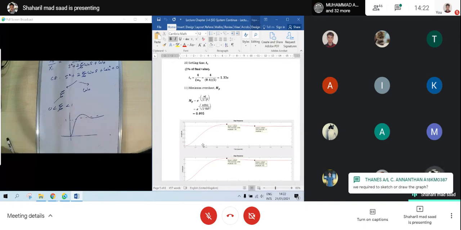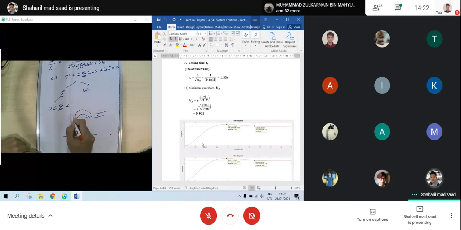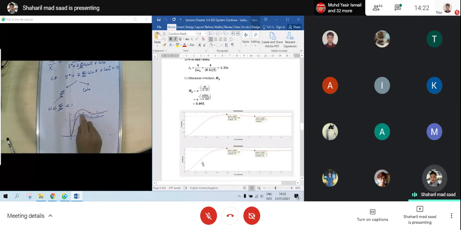And then when you put a K, maybe it will be like this one. So need to remember, all of this value you need to multiply with K, 4.8.